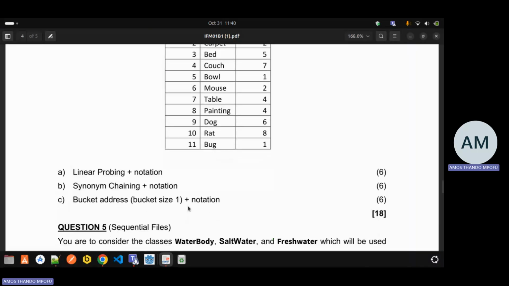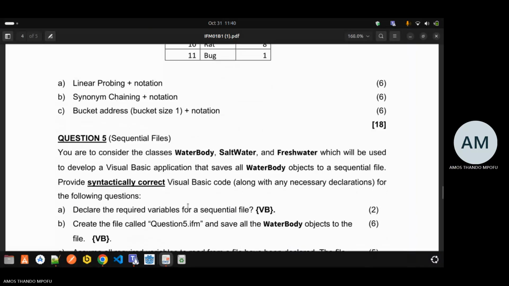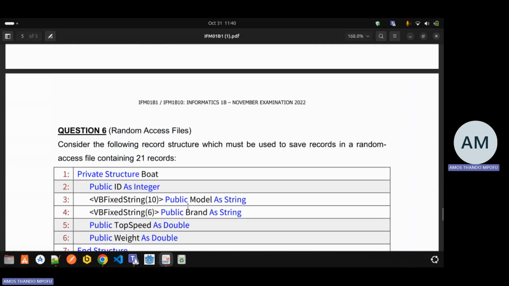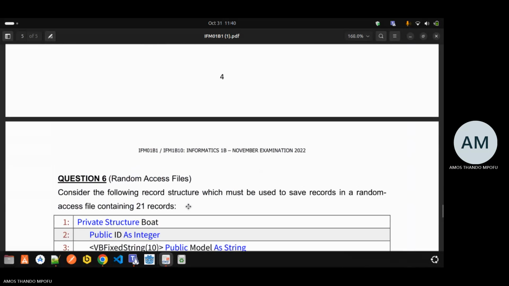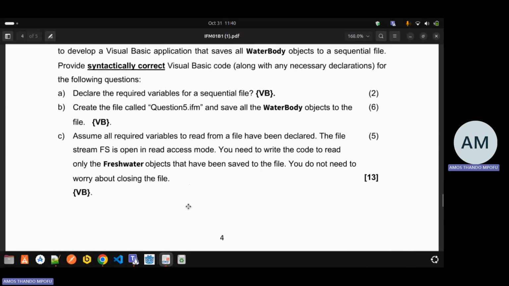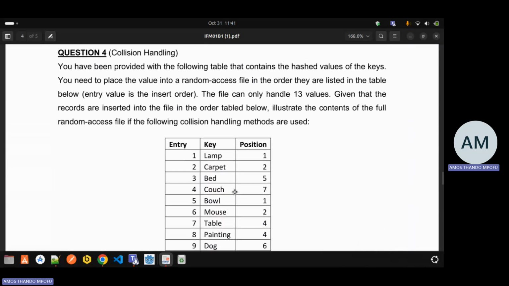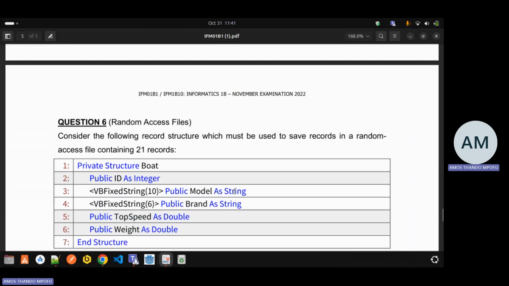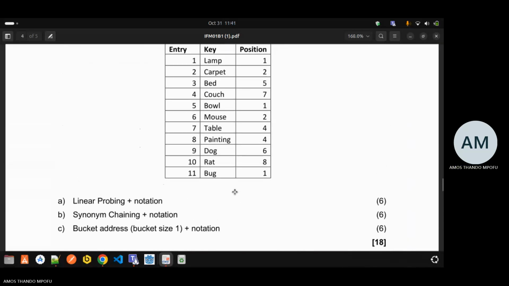So let me see. Then question 5, question 6. But question 5 and question 6, I did actually do this thing. We did do past papers. So for now, I'll just end on question 4, then I'll see question 5 and 6 later, or tomorrow, I'll see when I upload.